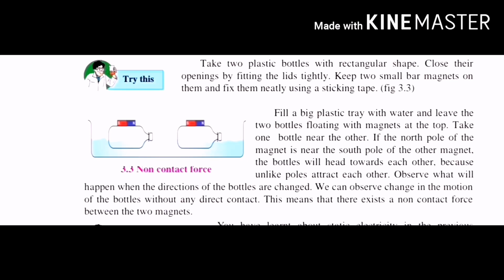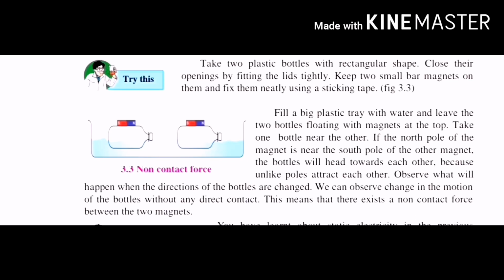If the north pole of the magnet is near the south pole of the other magnet, then the bottles are attracted to each other because of the magnet.